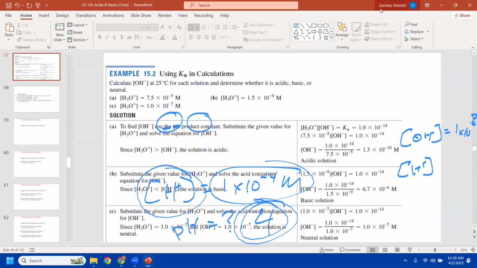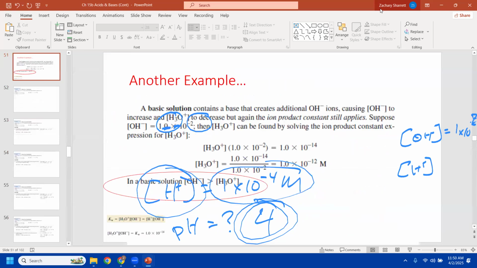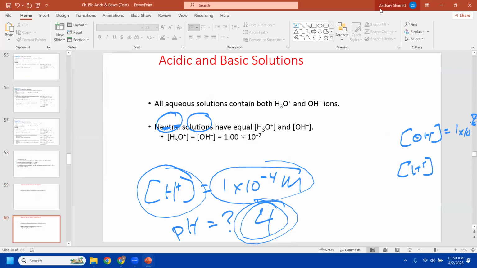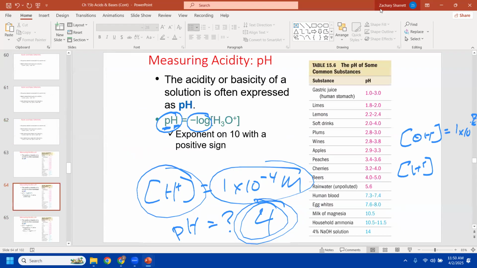Remember, we did this over here when we had 1 times 10 to the negative 2 for OH minus. That said that the H plus was 1 times 10 to the negative 12. So 1 times 10 to the negative 12. This gives us a pH equal to 12.